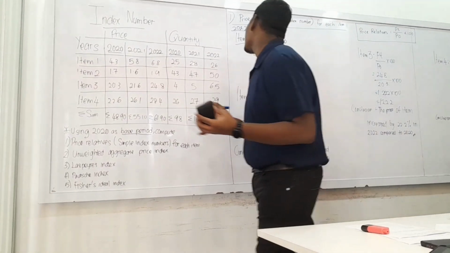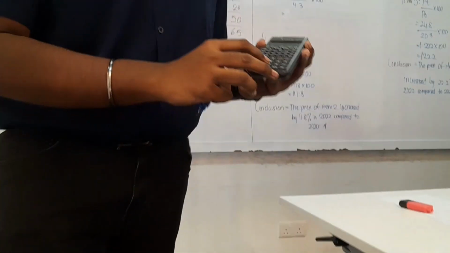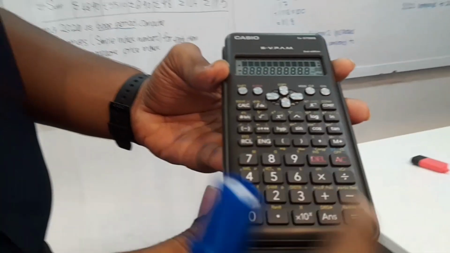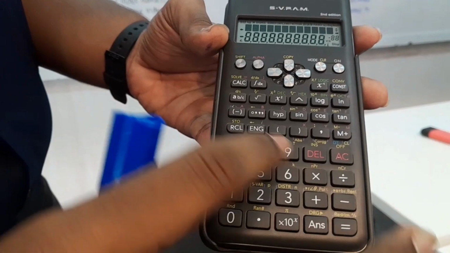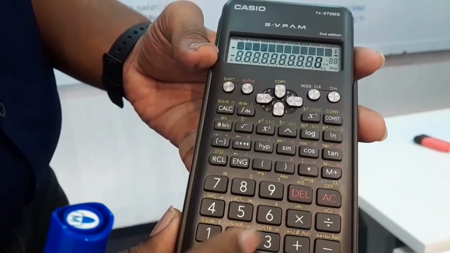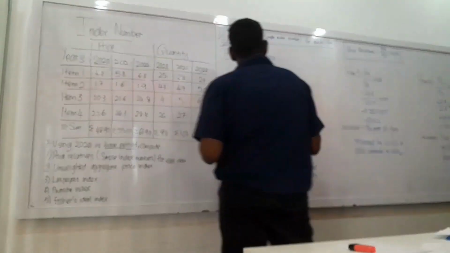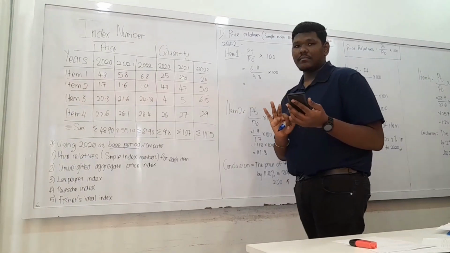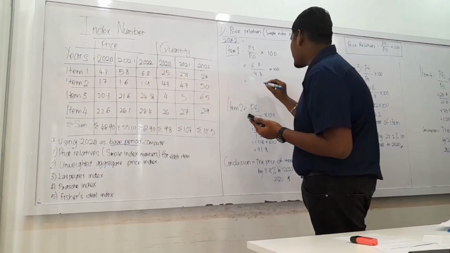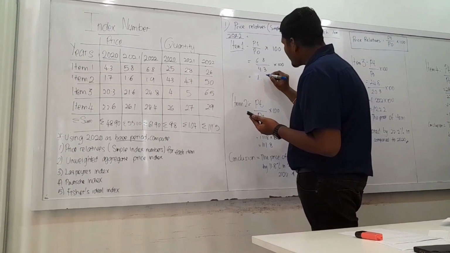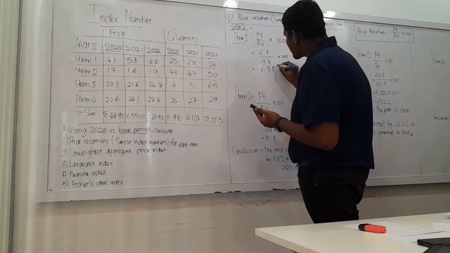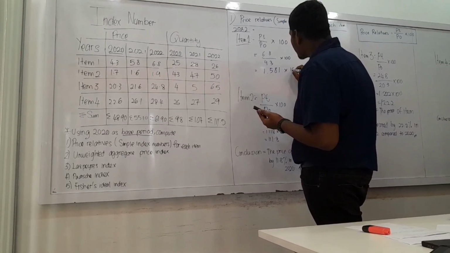So here's the calculation. 6.8 over 4.3. All right. So we have to write three decimal numbers only, which means 1.581 times 100.